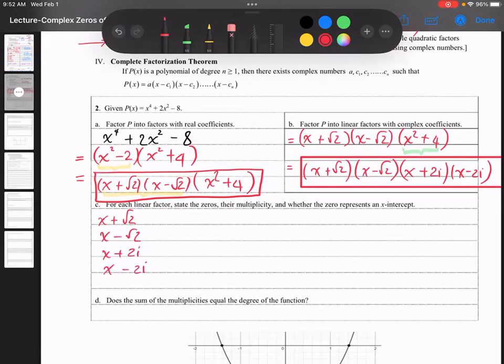What is the multiplicity of x plus root 2? 1, right there. x plus root 2 to the first power, so 1. The multiplicity of x minus root 2 is also 1. Multiplicity of x plus 2i is also 1. And last, multiplicity of x minus 2i is also 1.